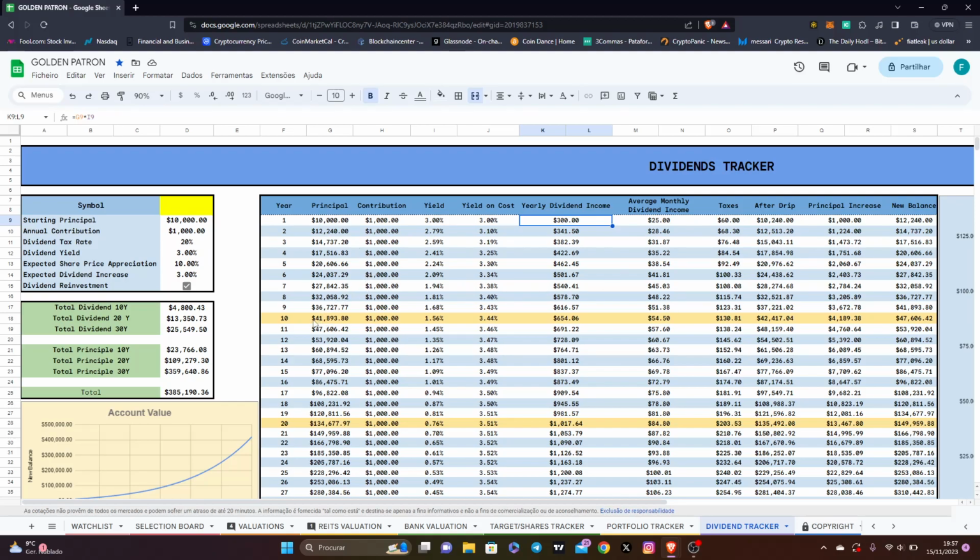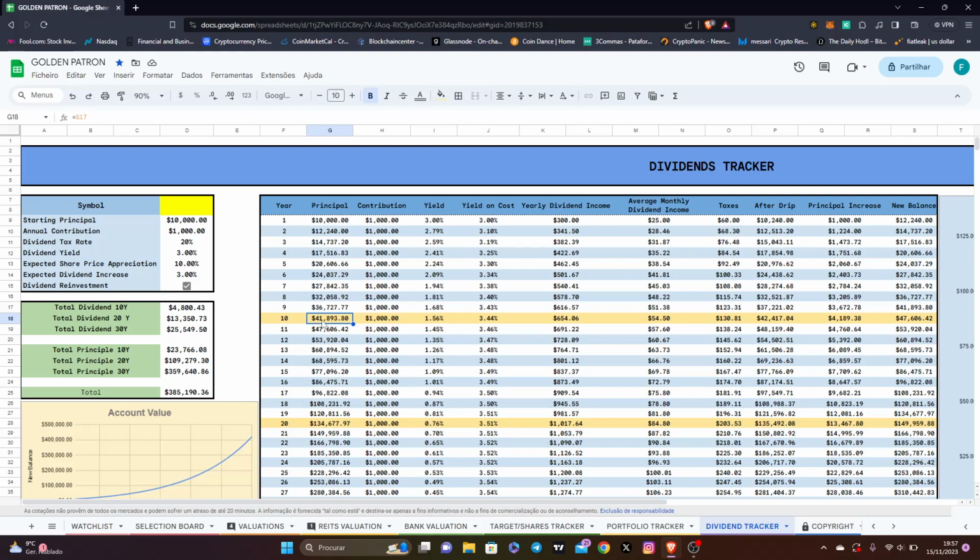Ten years would come out to be $41,000, almost $42,000. So from a $10,000 initial investment and $1,000 contributions, for a total of $20,000, you would double your money after 10 years. This just keeps accumulating every year.